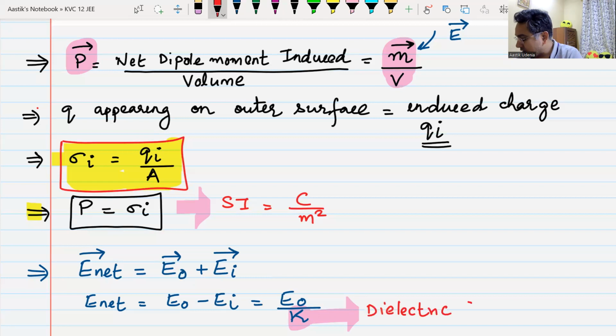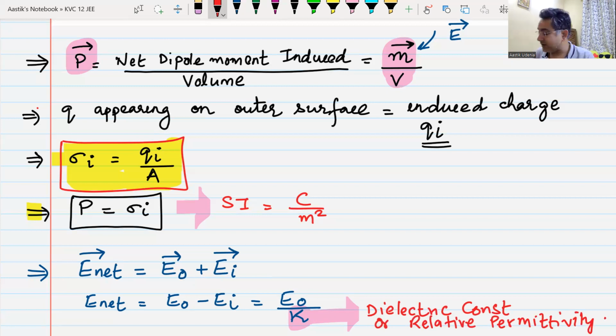You can call it dielectric constant, or we can also call it relative permittivity. Do we understand this?